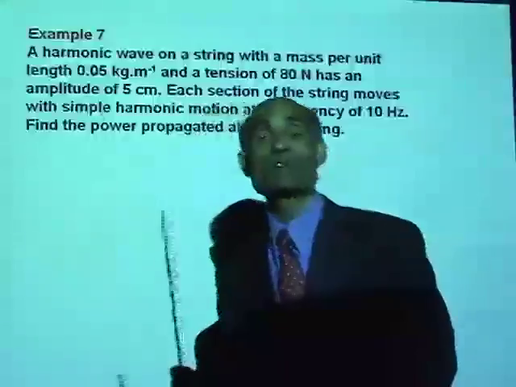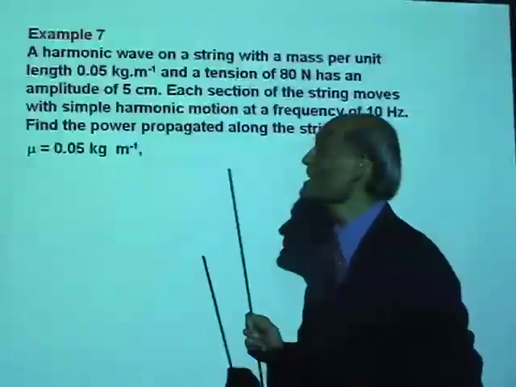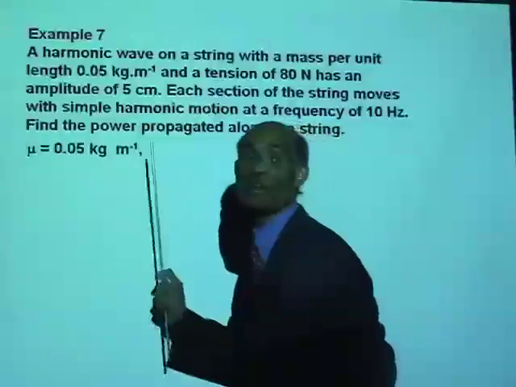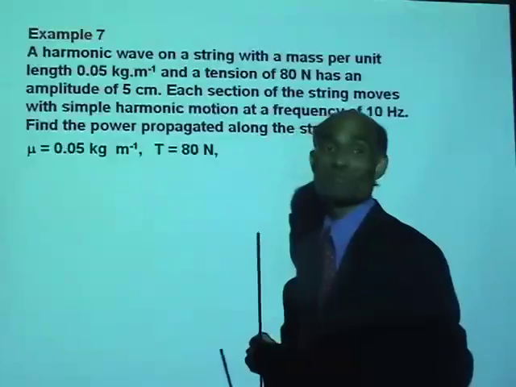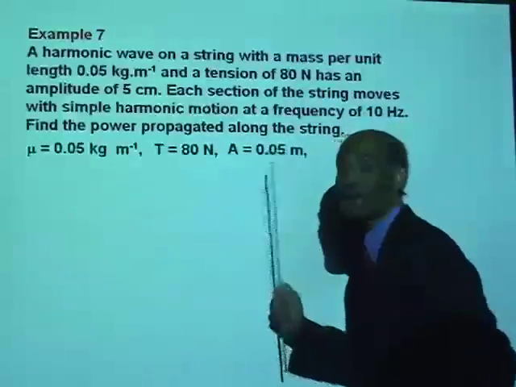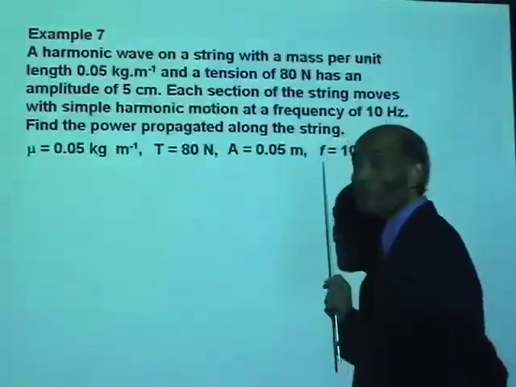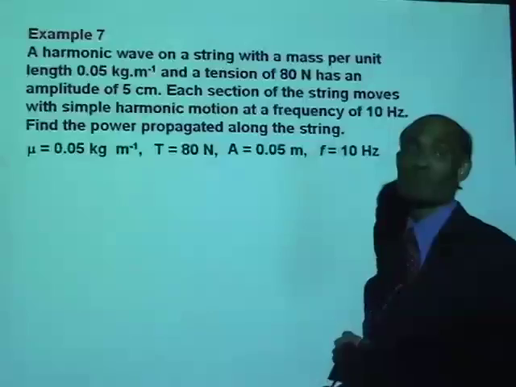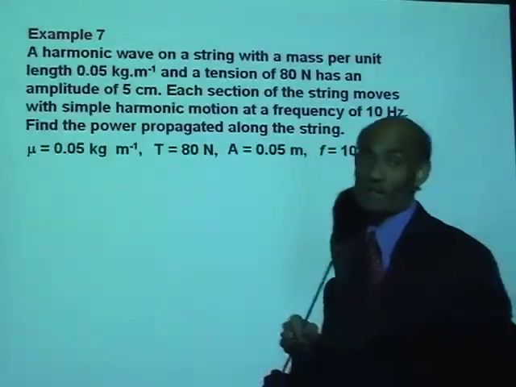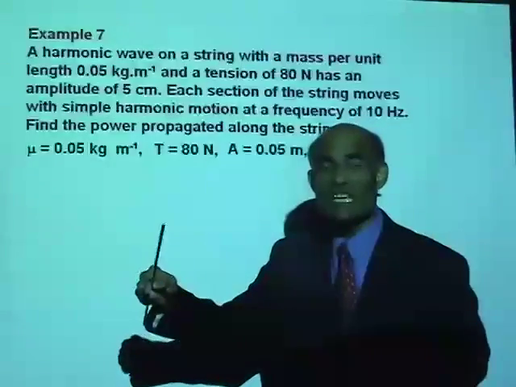Okay, let's pick our data. We got the mass per unit length is 0.05 kilogram per meter. The tension is 80 Newton. Amplitude of vibration is 0.05 meter. And the frequency of each segment is 10 Hertz. Well, if you now look at these, can we obtain everything that we need?